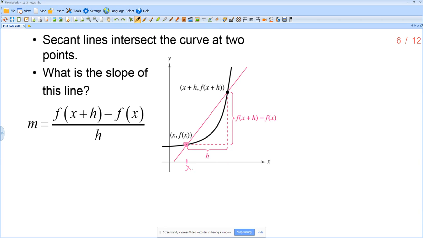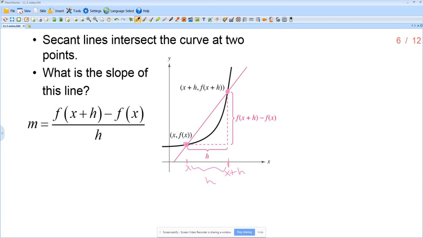So this point is x plus h, because that's whatever x value I'm at now, comma f of x plus h, which means the y value at x plus h.